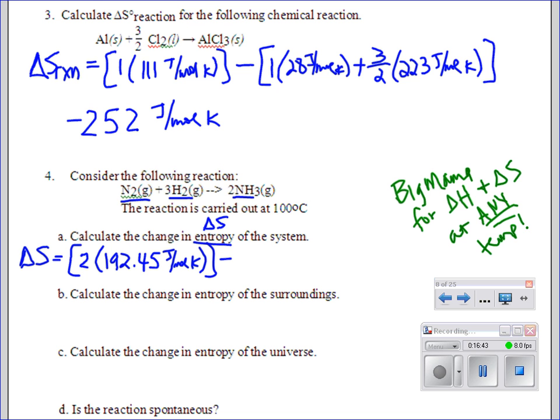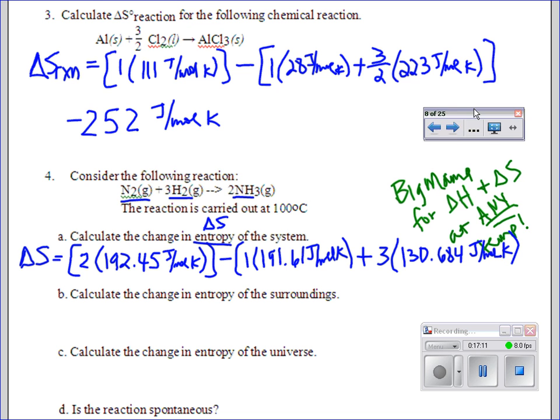So 1 times nitrogen gas, they got 191.61 joules per mole K, plus my other reactant of hydrogen gas, 130.684, again, joules per mole.